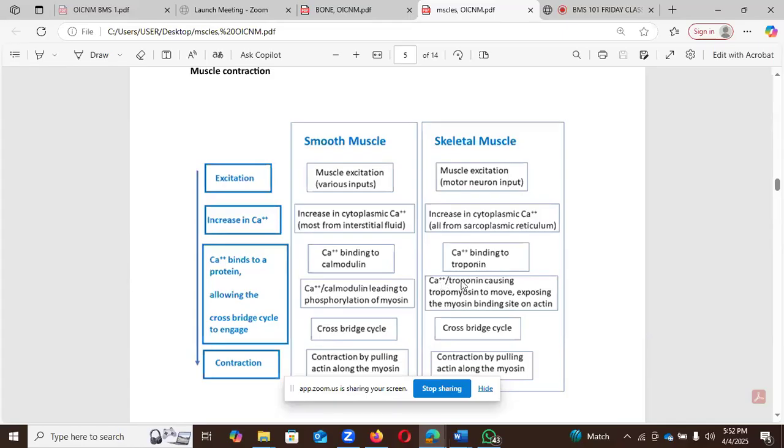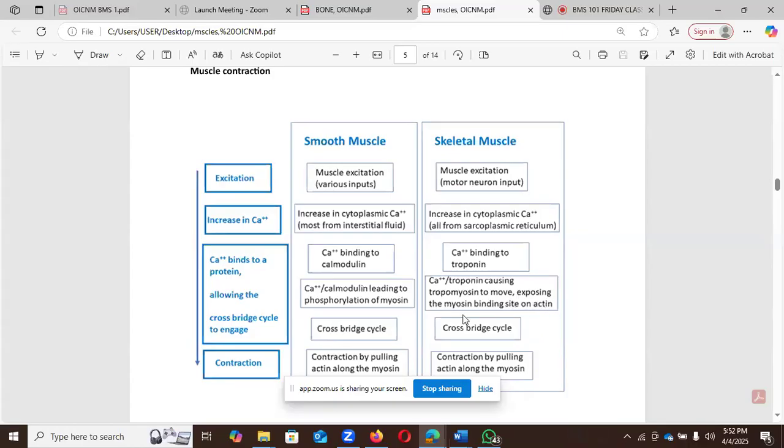Now, calcium-troponin will cause tropomyosin to move. This tropomyosin inside the skeletal muscle will move. Once it moves, it will expose the binding site on the actin to myosin.